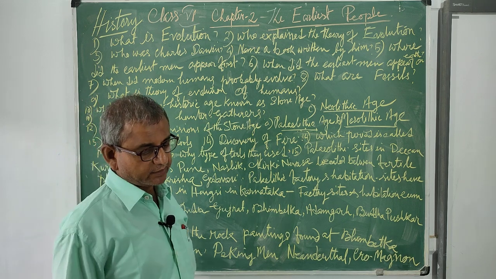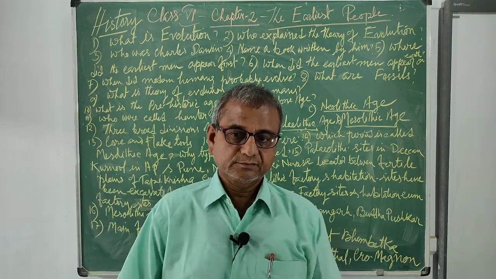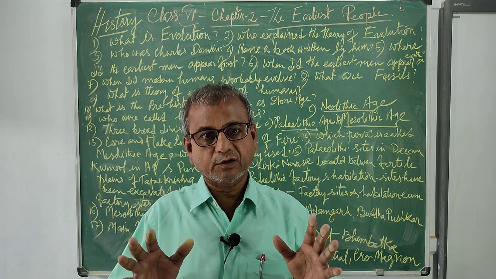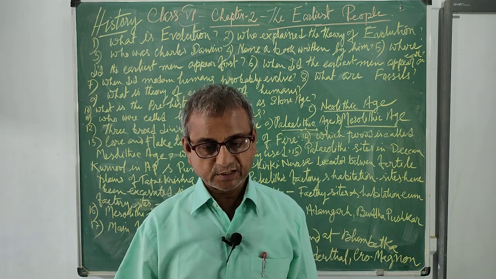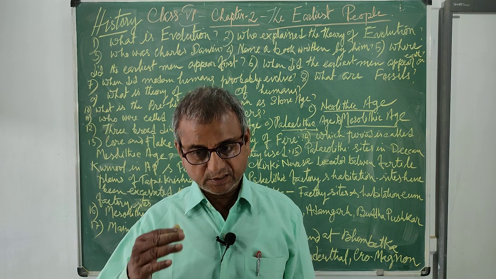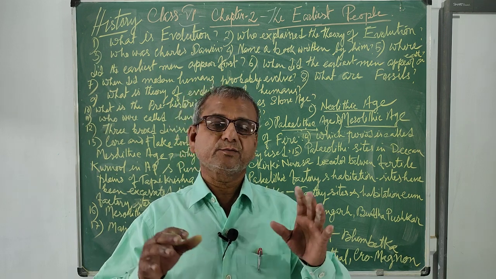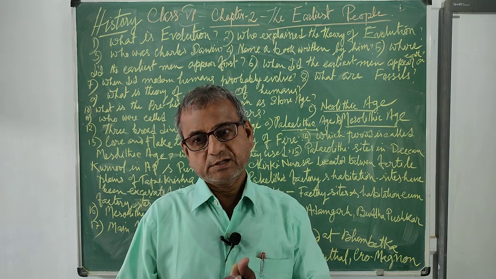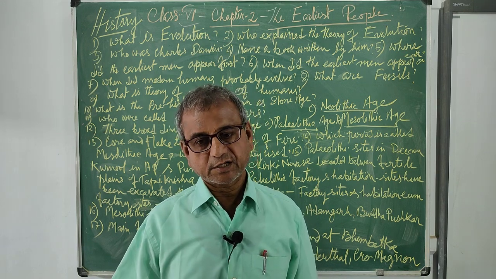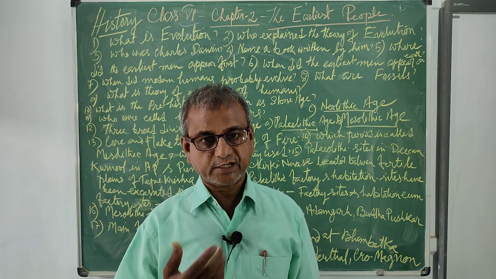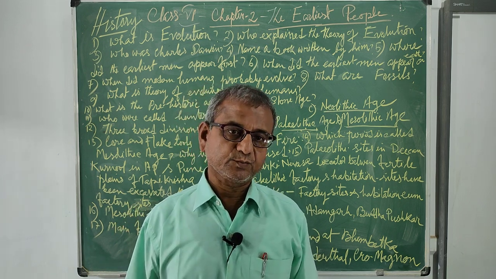Gradually we see that the earliest man's brain size was very small. Gradually the brain size became larger, and their jaws and facial structure gradually became smaller.